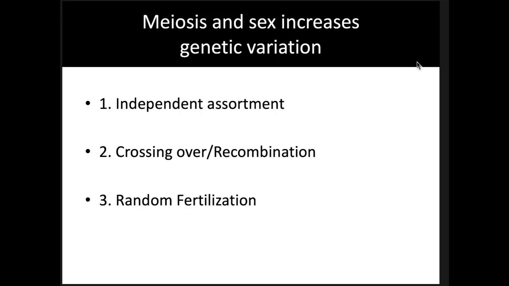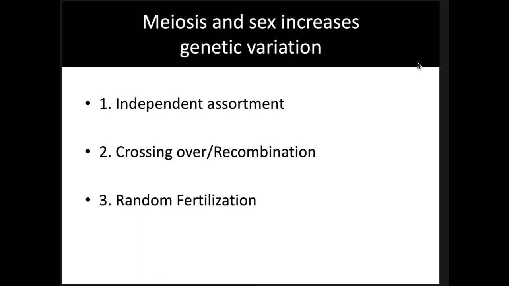And then sex in and of itself, sexual reproduction, has the concept of random fertilization. Basically what that means is that you have 8 million possibilities for the egg and endless possibilities for the sperm, and you never know which sperm and which egg are going to meet, and therefore fertilization is random because there's an endless number of possibilities of what that could be. So let's talk about independent assortment.